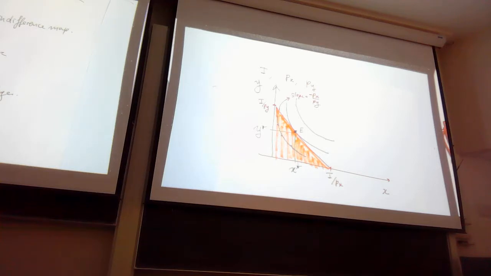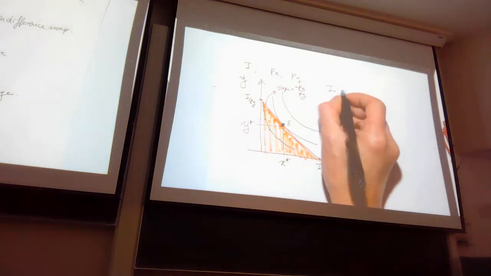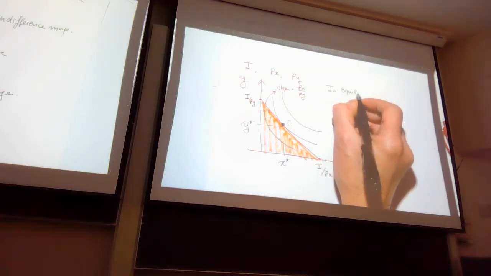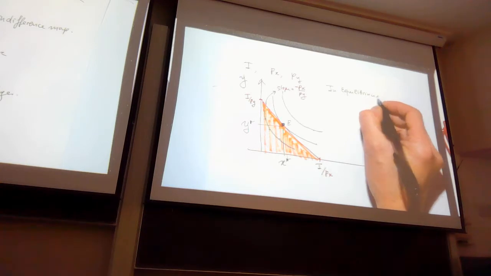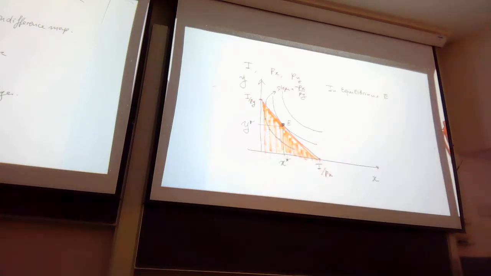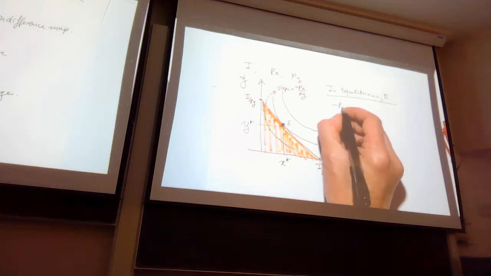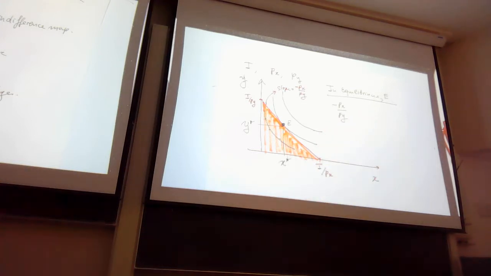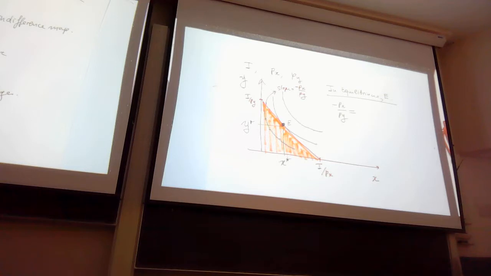Now let's do it. We can understand this equilibrium in a lot of different ways. If we have a tangency, math tells us that in equilibrium, tangency means the slopes are the same. That's what a tangency is. So in equilibrium E, the two slopes are the same. What are the two slopes? The slope of the budget constraint, minus Px over Py, has to be equal to the slope of the indifference curve.